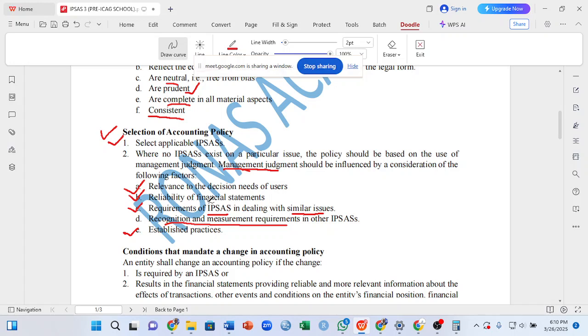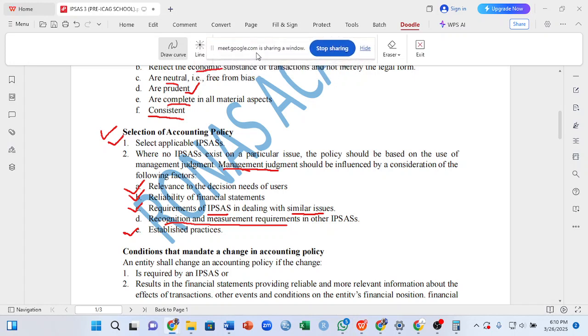If the similar IPSAS is not there, fall on the conceptual framework. The recognition and measurement criteria are also in the conceptual framework. If the conceptual framework still doesn't have it, you may have an established practice because you are located in a particular industry. Then you use the industry rule in that respect. So this is for selection of accounting policy.